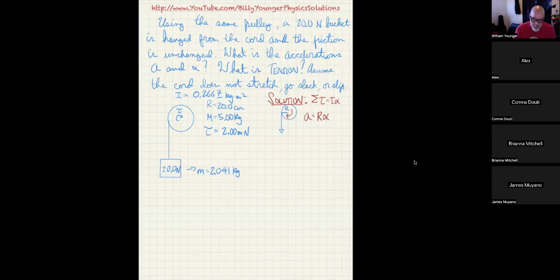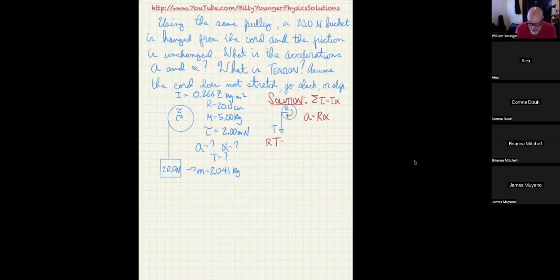Okay, but what we're wanting to know is a equals question mark, alpha equals question mark, and tension equals question mark. So on this side, we have a tension T, and according to the summation of torques equals I times alpha, this is going to be RT.